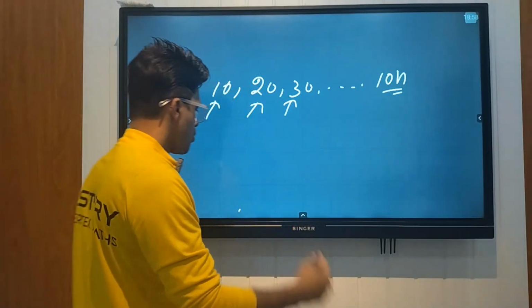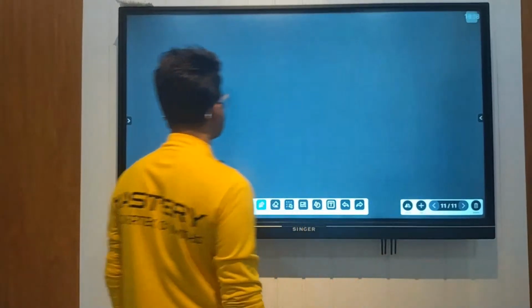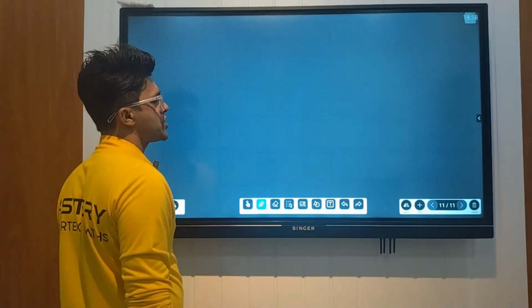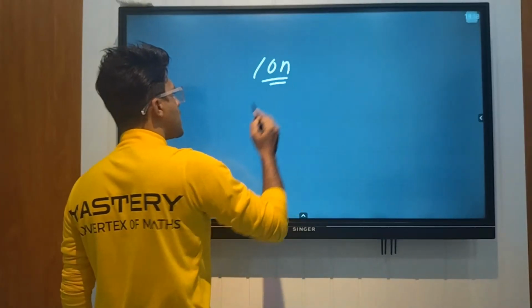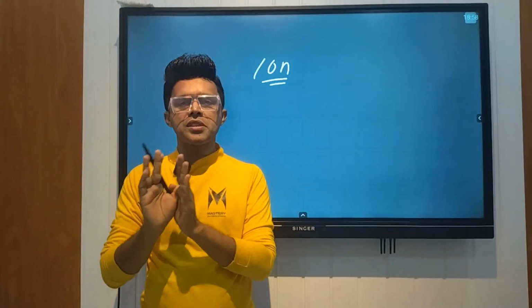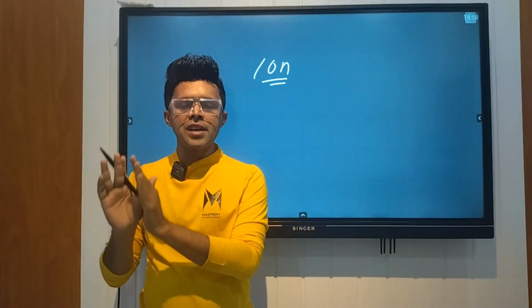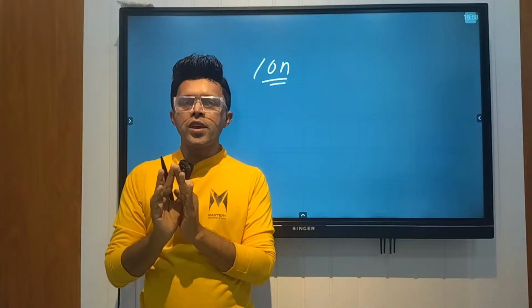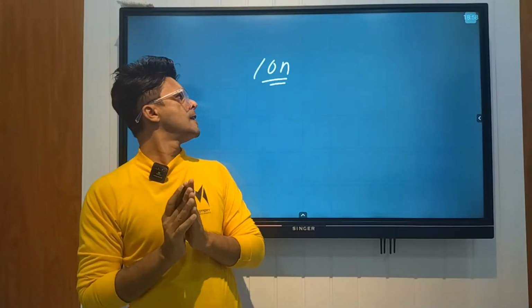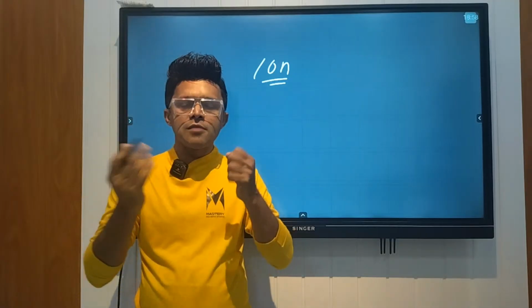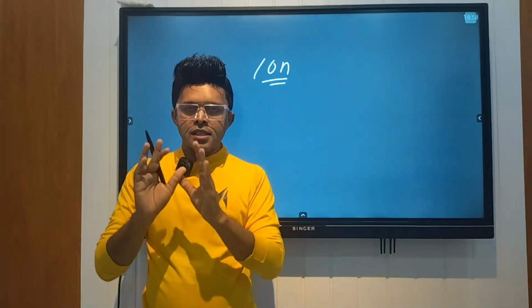Okay, so you think of this type of question, right? Now think of being given the general term of a certain number pattern, that's 10n. This is a question.